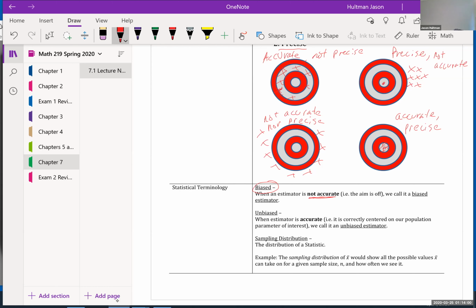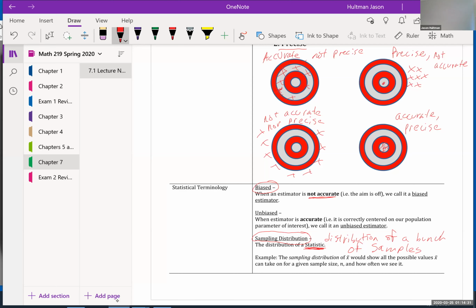Sampling distribution, the distribution of a statistic. Before, we had the distribution of just a sample. Sampling distribution is a distribution of a bunch of samples.